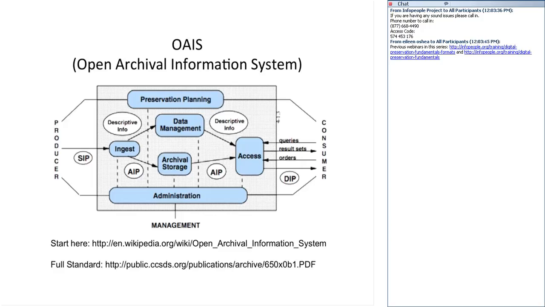The common denominator, or the way we talk about this across all different digital repository architectures, across different software and hardware systems, is the OAIS, the Open Archival Information System. This was developed by the Consultative Committee on Space Data Systems, space researchers, to deal with their data storage problems.